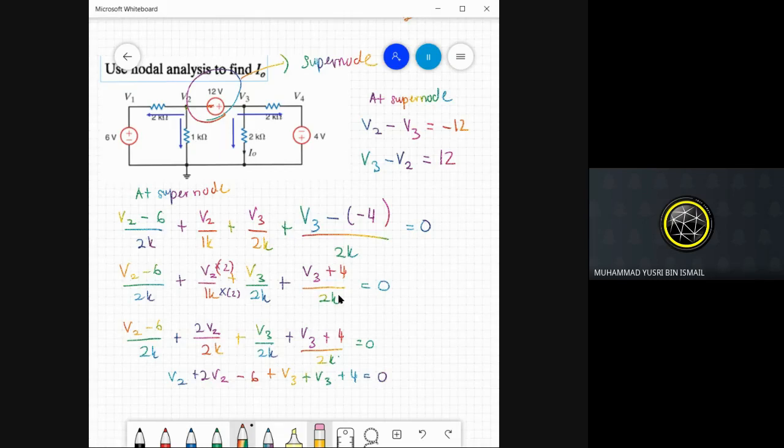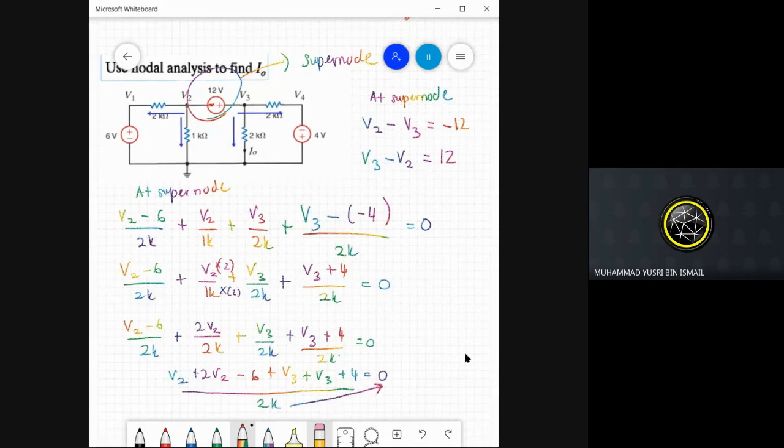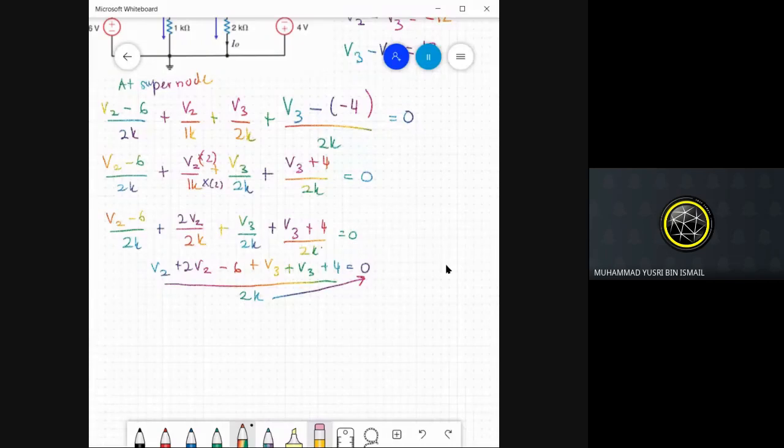Okay. Now I bring 2K to the right hand side, so it will be 0.